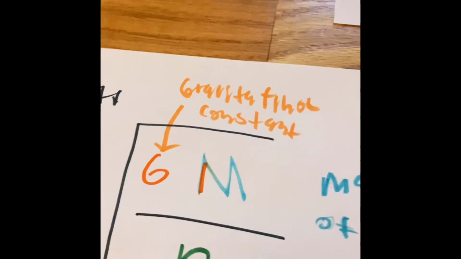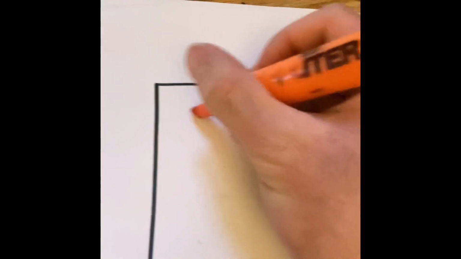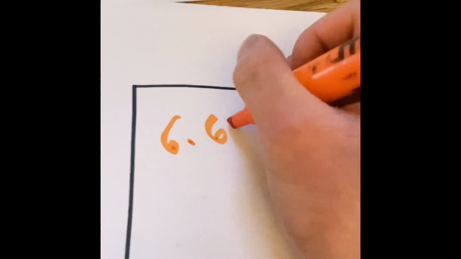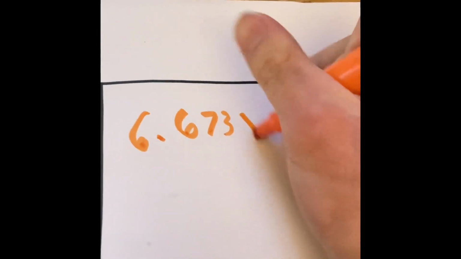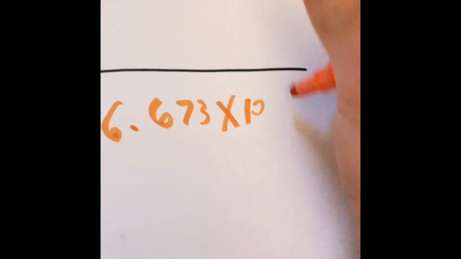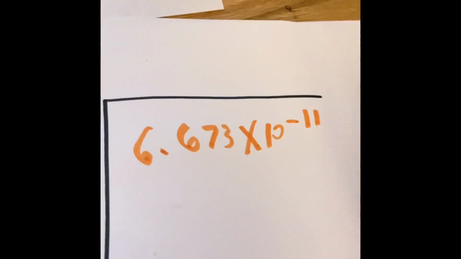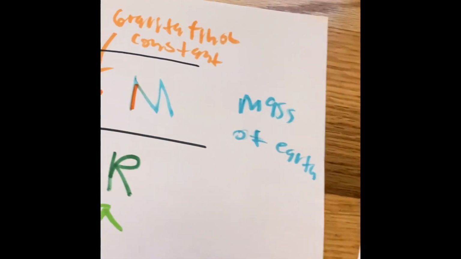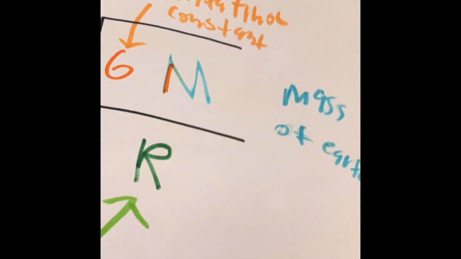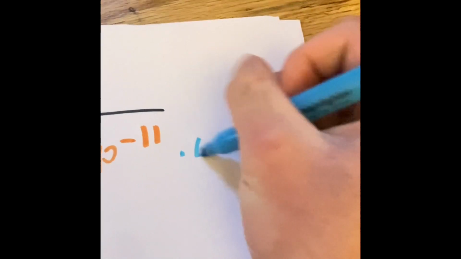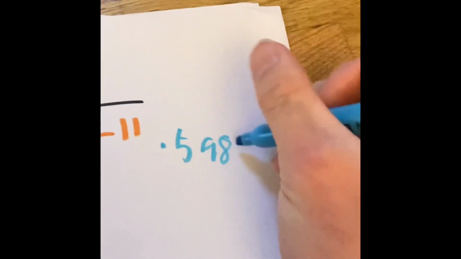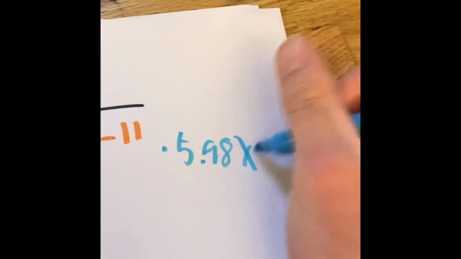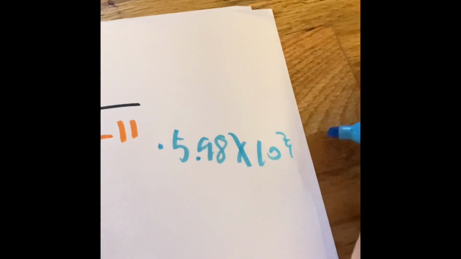Our gravitational constant is 6.673 multiplied by 10 to the negative 11th power. Then we also have to look at the Earth's mass, which is in kilograms: 5.98 multiplied by 10 to the 24th power.